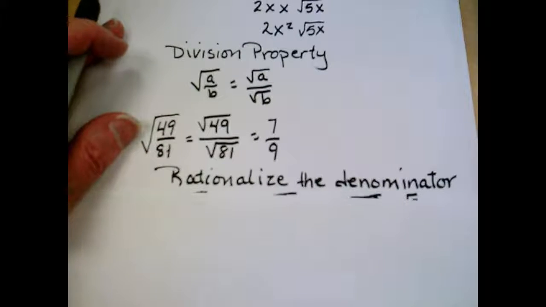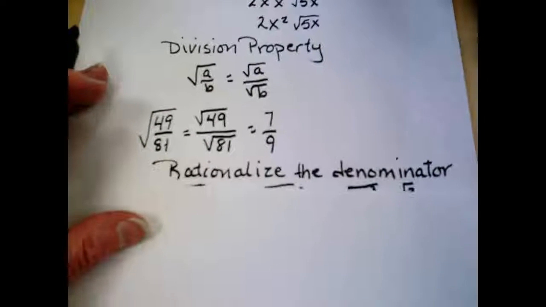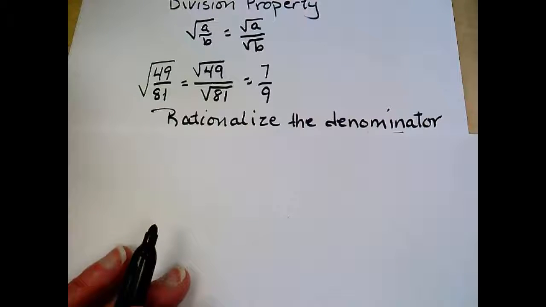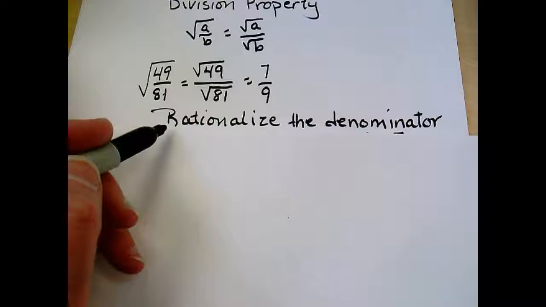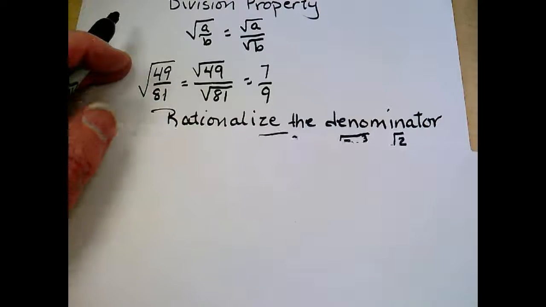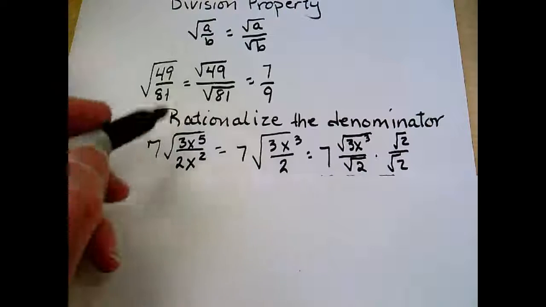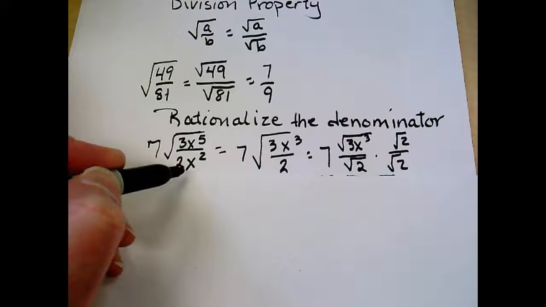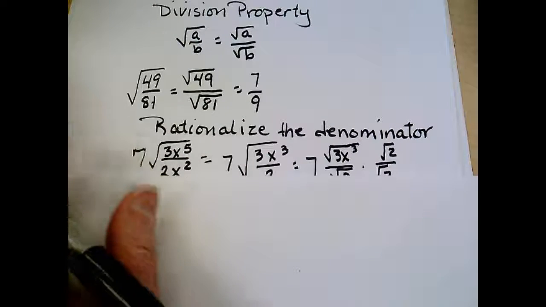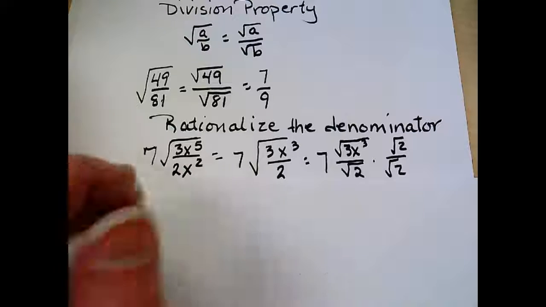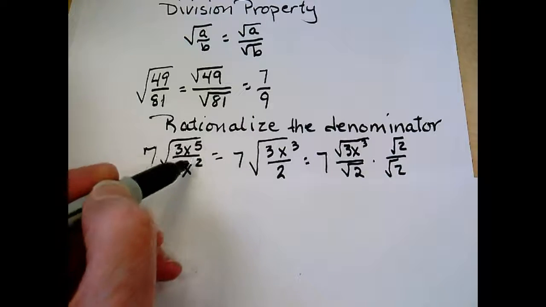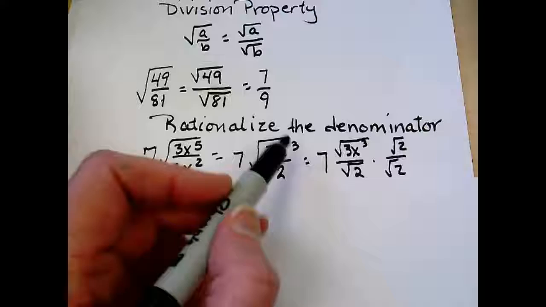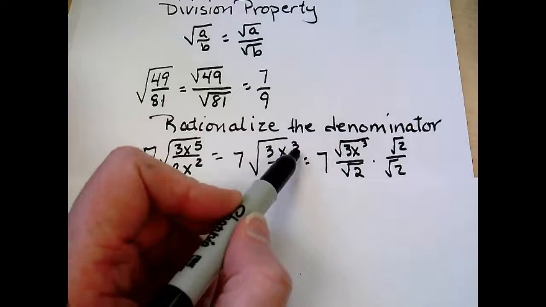Now sometimes when you take the square root, you end up with a square root in the denominator. So that is when we have to rationalize the denominator. All this means is get rid of the radical in the denominator. So if I have 7 times the square root of 3x to the 5th divided by 2x squared, and that's all under the square root sign, I want to simplify the x to the 5th divided by x squared. 5 minus 2 gives you the 3.